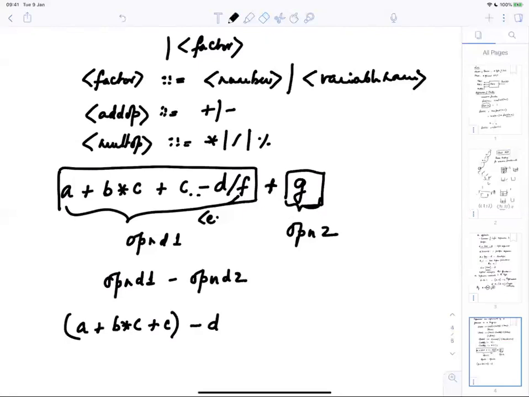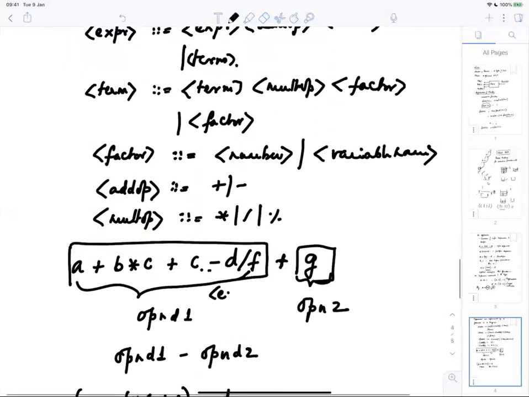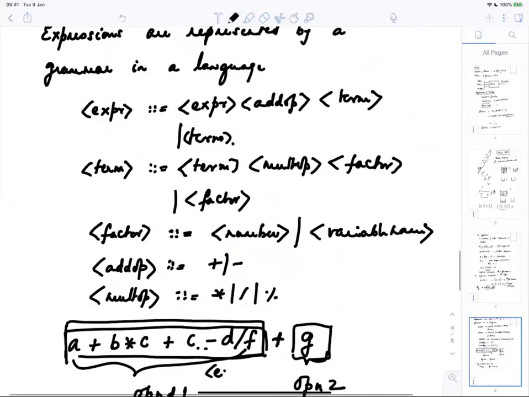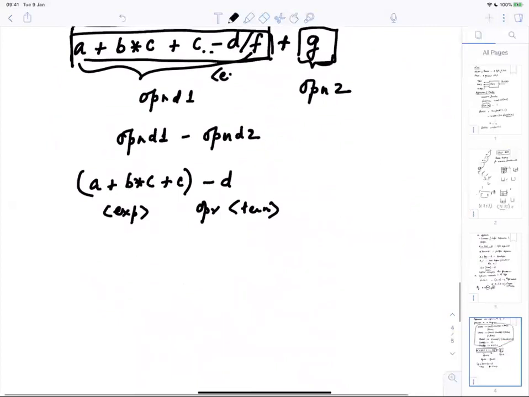Again the operator, expression, term, and we keep recursively working on this particular expression evaluation over here. So now what we see is that when you're given an infix expression, all these properties of operands and operators are implicit according to this particular grammar that we have. This grammar is what we're going to use to evaluate an expression.